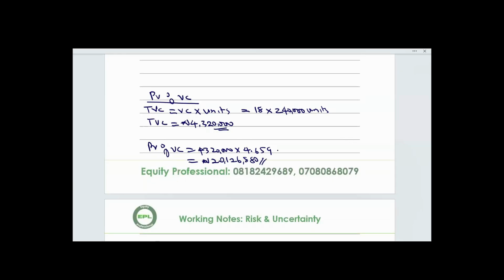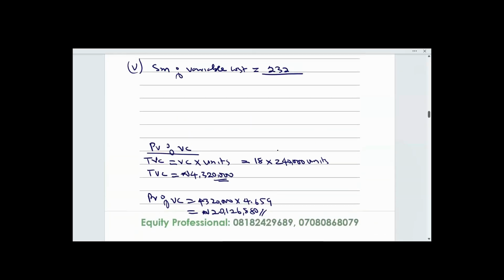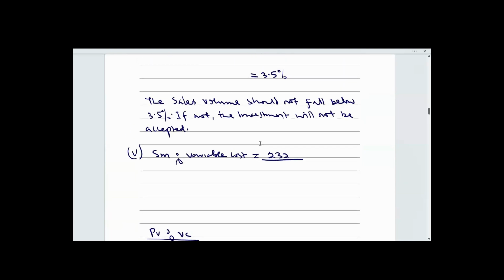So that's the PV of variable cost. Our figures are in thousand, so I will use 20,127 multiplied by 100 over 1.